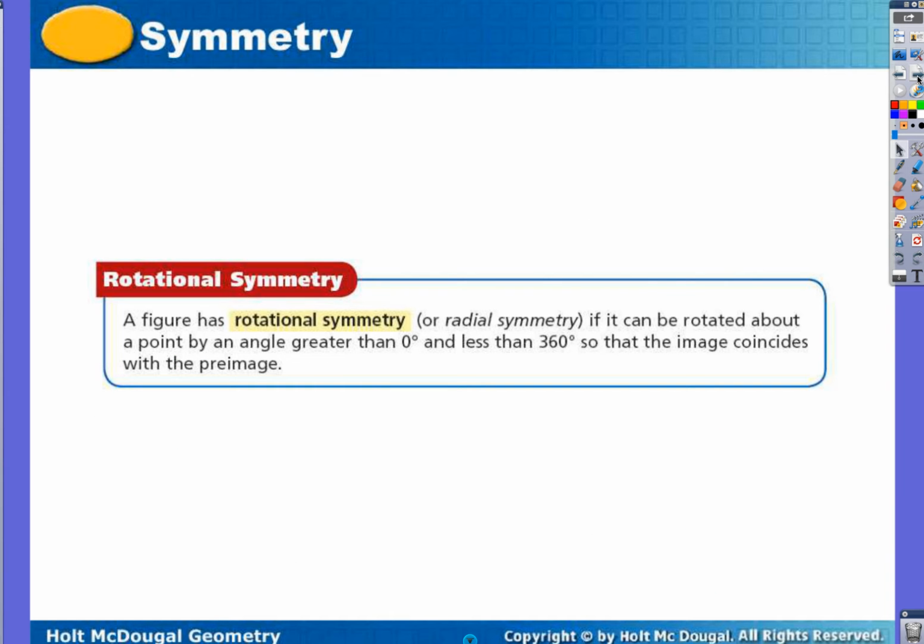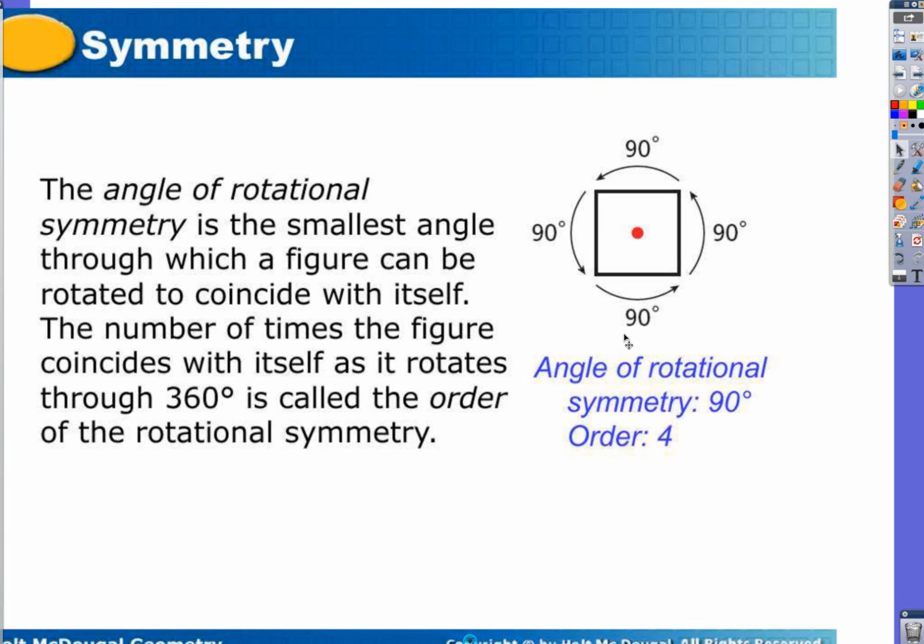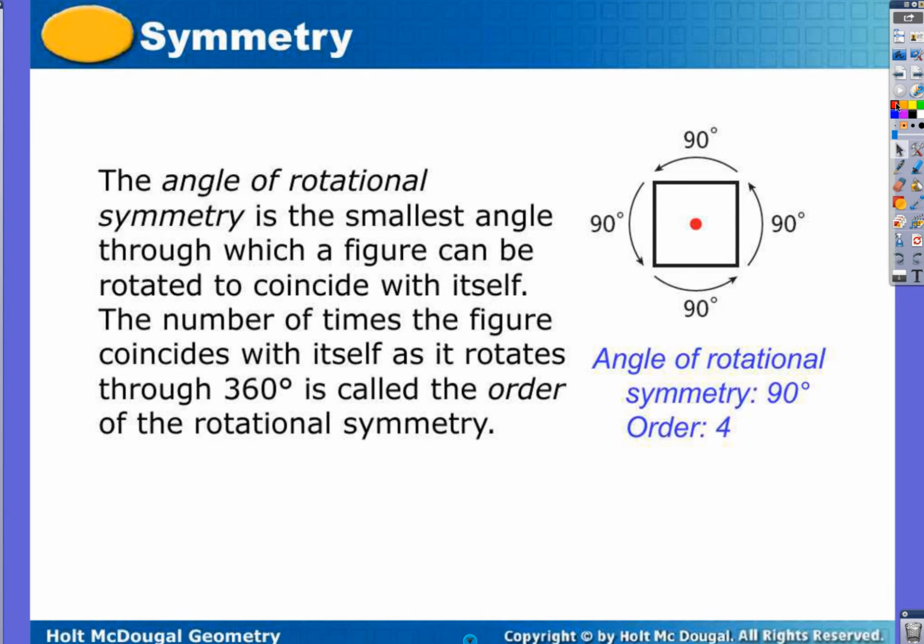Okay, rotational symmetry. This one's a little bit harder maybe, because they're going to ask you 2 things. Rotational symmetry is when it can be rotated about a point. You're going to be asked for the angle of rotational symmetry, and the order.